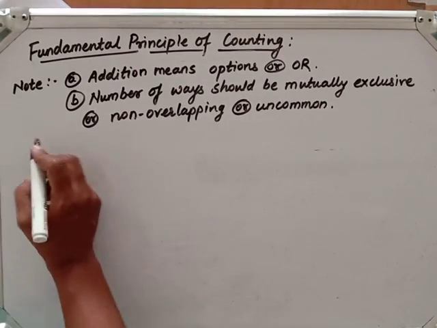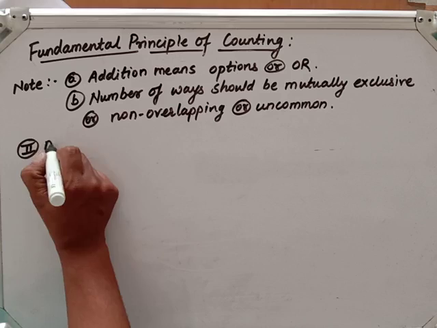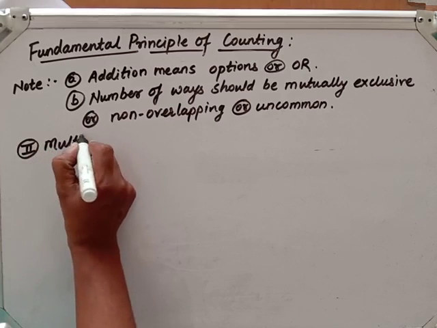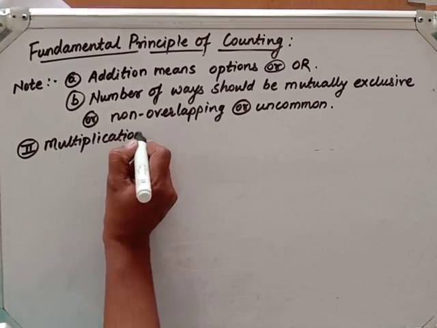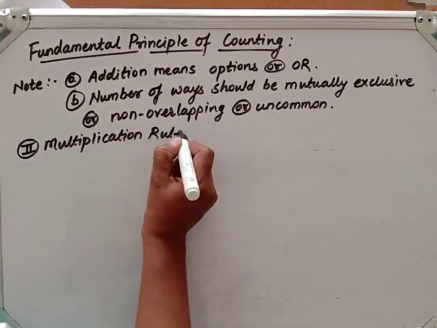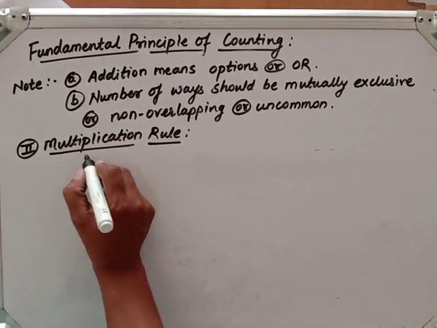These are the things. Now the second rule is of multiplication. Multiplication rule. So let us see the statement of that. What does it say?